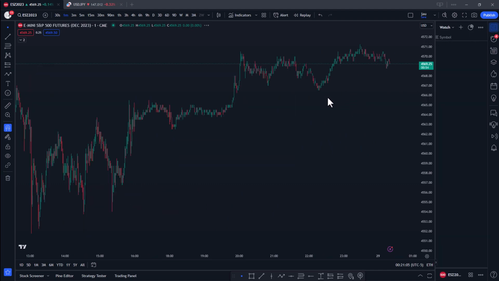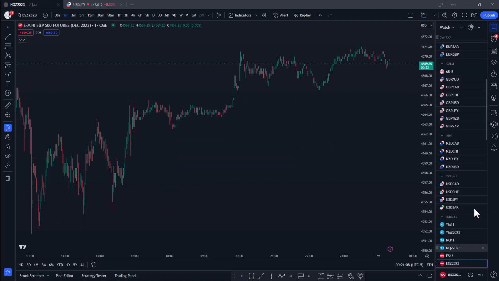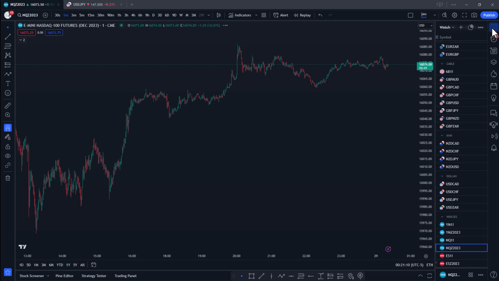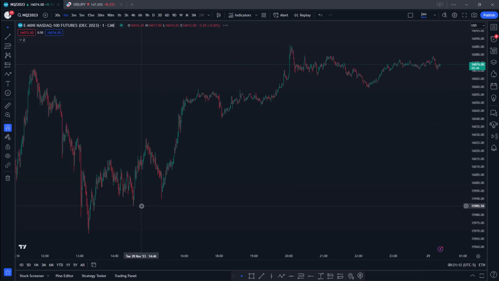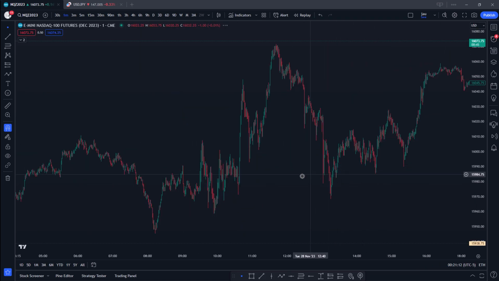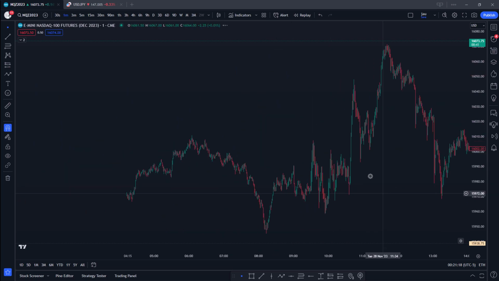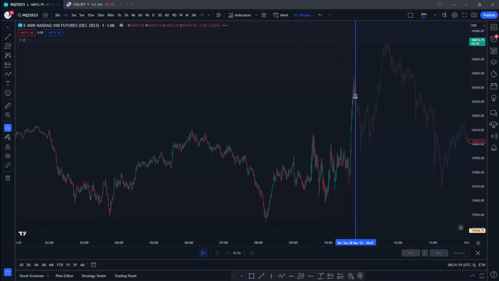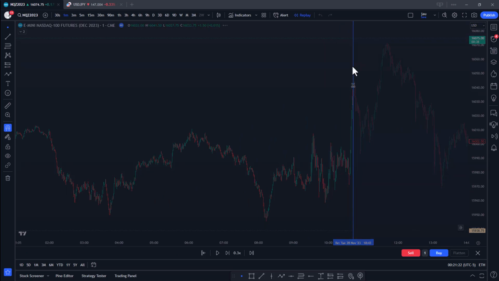I wanted to also bring up a trade that I took and ended up becoming a loss because I did not take my partials quick enough. Let me see if I can find it. Yeah, I think it's here.